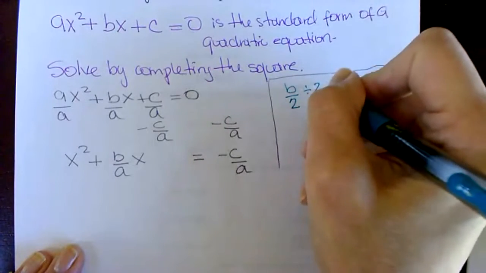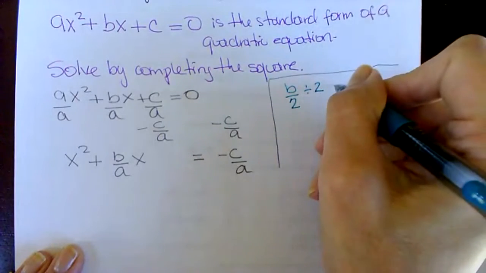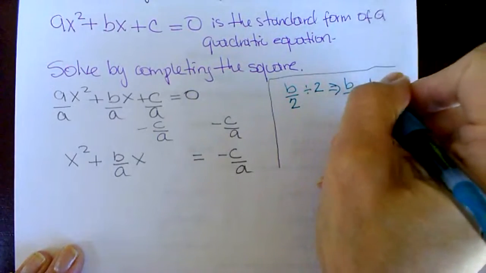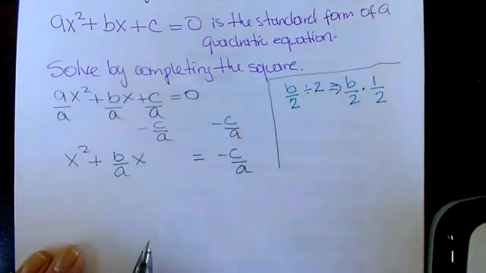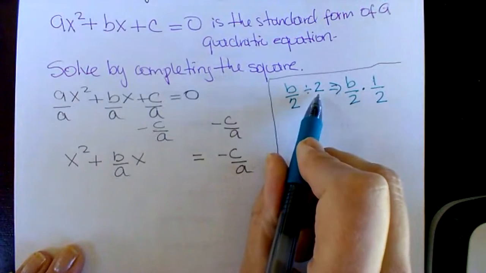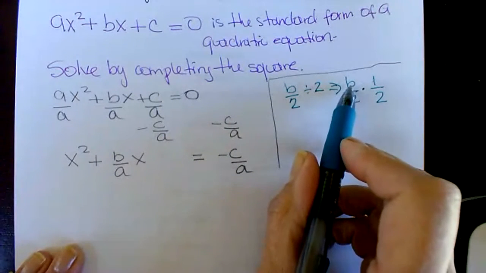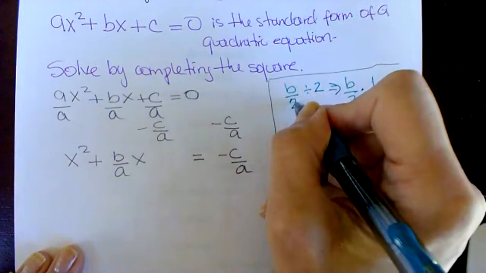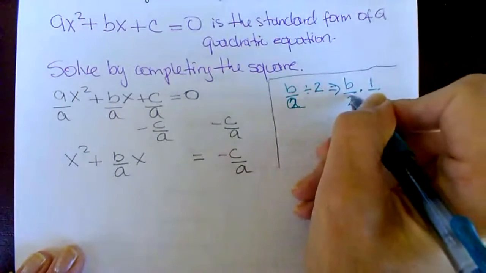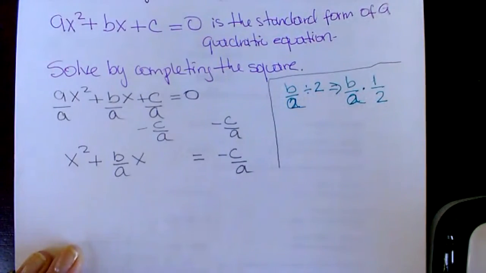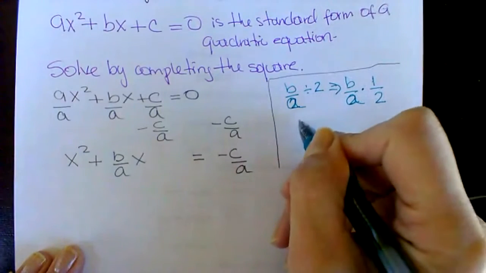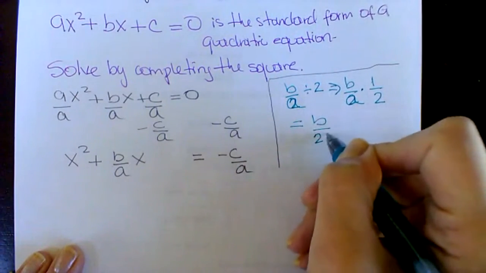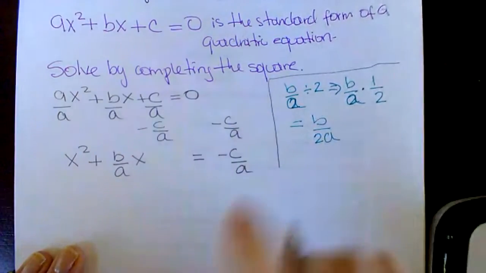This is the same as b over a multiplied by the reciprocal of 2. Remember that? We have to flip it. So what do I get? I get b over 2a. So I divided it by 2.